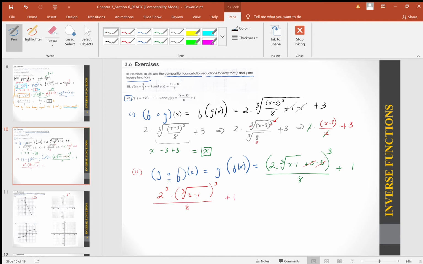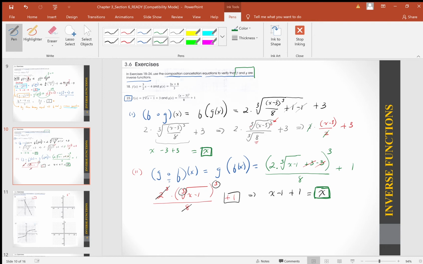We know here that the 8 here and the 2 cubed, they cancel each other out, and we're left with, since we have a power here of 3 and a radical of 3, only x minus 1 plus 1. This plus 1 here, and we get an x. Okay, so we just verified that our f and g are inverse functions because they both equal x.